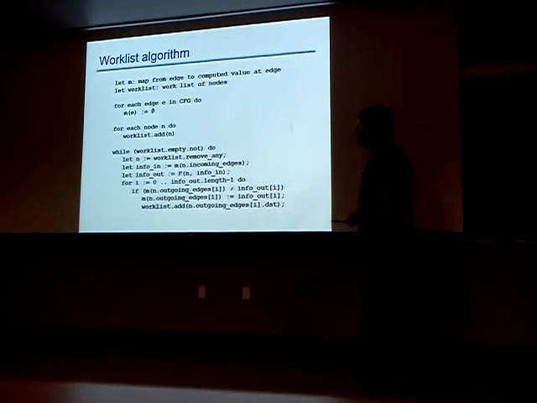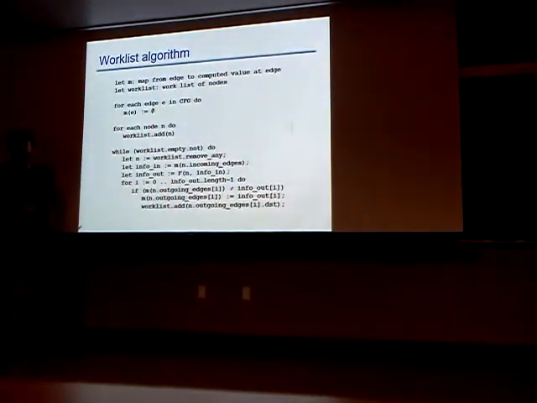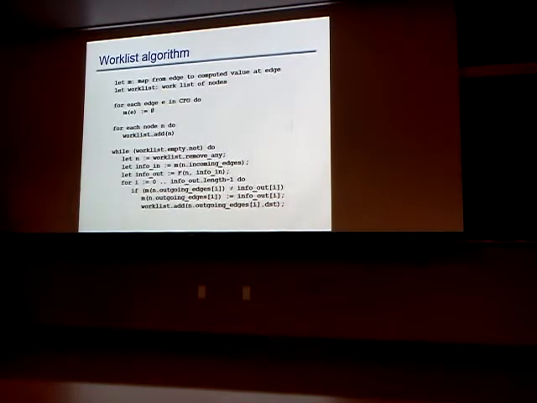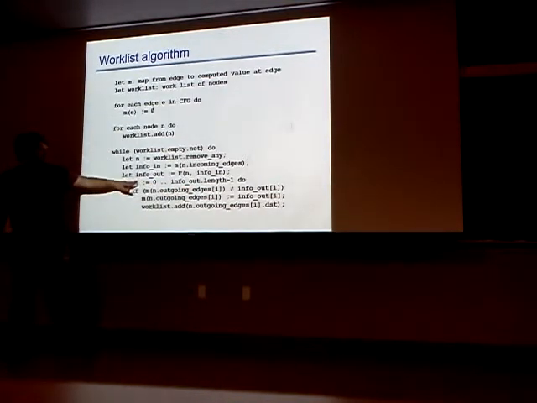Now that will give me an array of output information, one for each outgoing edge of n. And then I go for every i in this length. Okay, this is confusing.